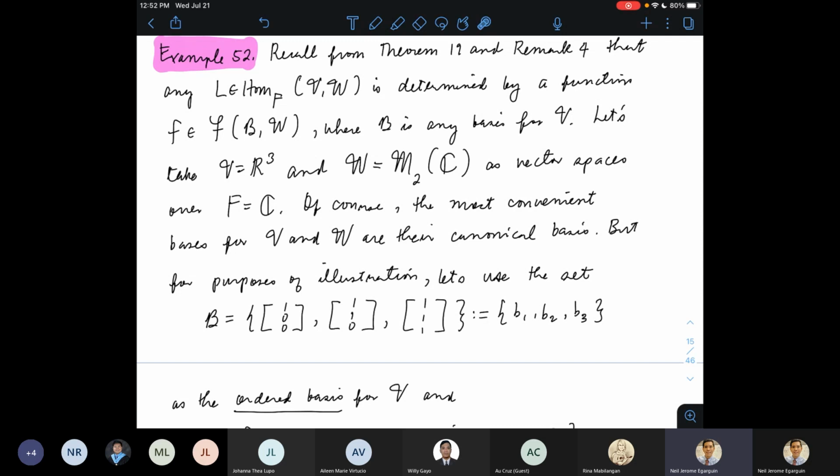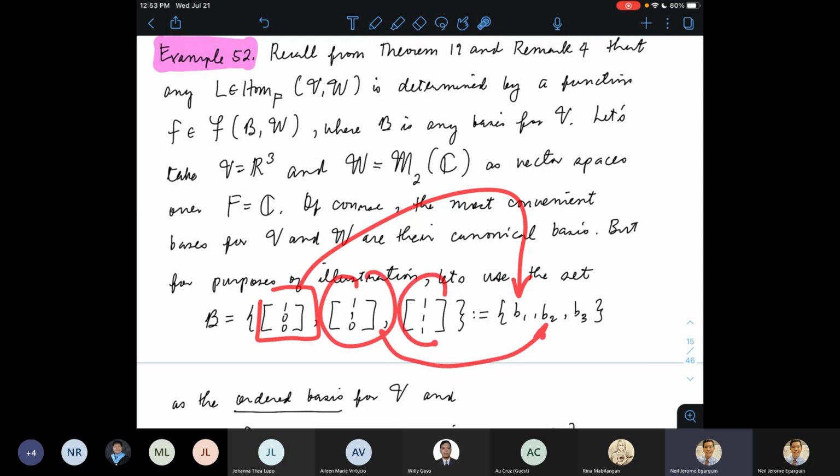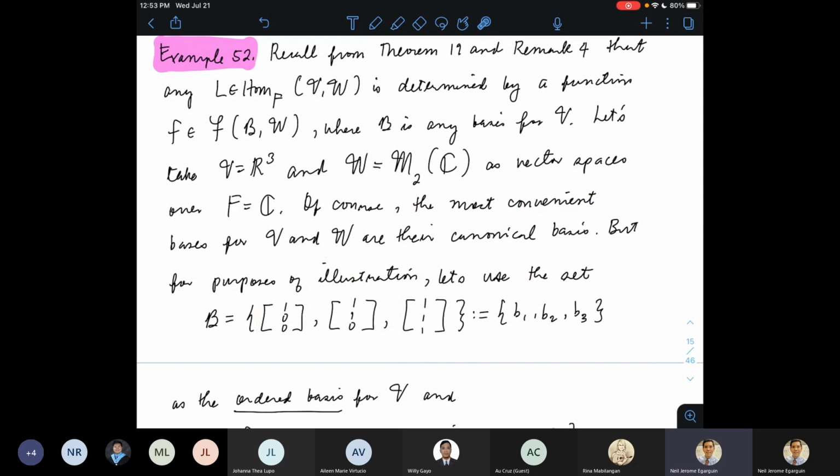And whenever we're talking about an ordered basis, you can write it this way. Since we're talking about an ordered basis, this already implies that (1, 0, 0) is B1, (1, 1, 0) is B2, and (1, 1, 1) is B3. Okay? And then my codomain is the set of all 2 by 2 matrices with complex entries.